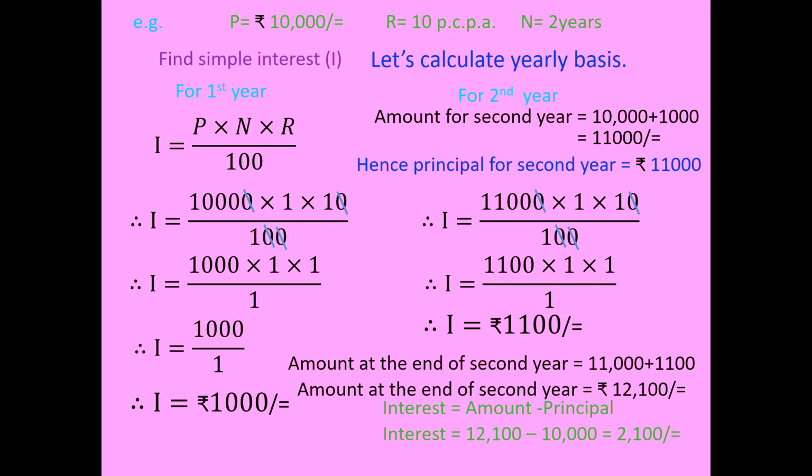It is interest we get on interest, and that is why you get this 100 rupees, because of compound interest. When you charge interest on interest, it is called compound interest. The difference in interest is 100. Let us go for one more example and directly use the formula of compound interest now.